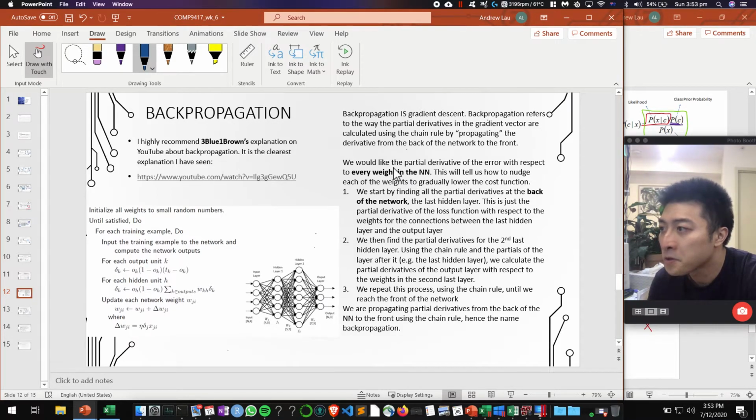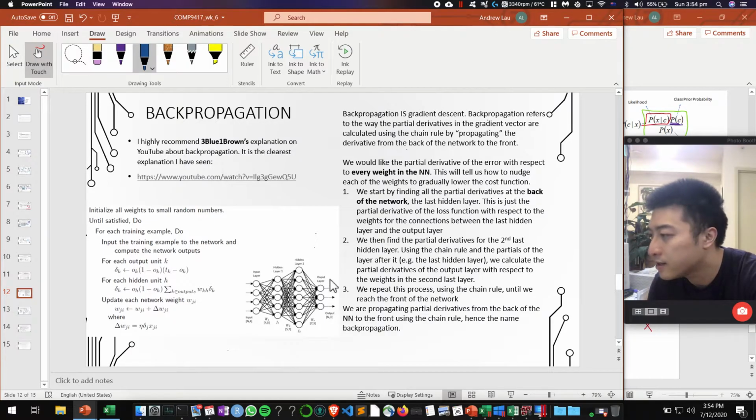Why is it called backpropagation? You start at the back of the network, calculate the partial derivatives, and then propagate them backwards. Why do we need to propagate backwards? Because we need the chain rule. For the last layer, the weights are reasonably straightforward: all you need is del of the cost function over del of that weight.